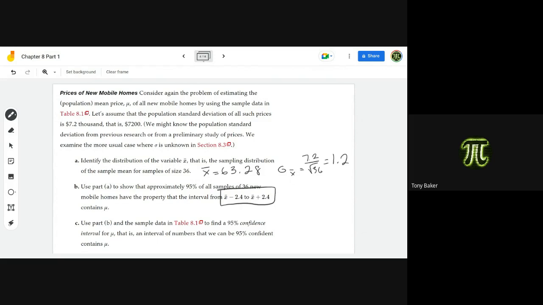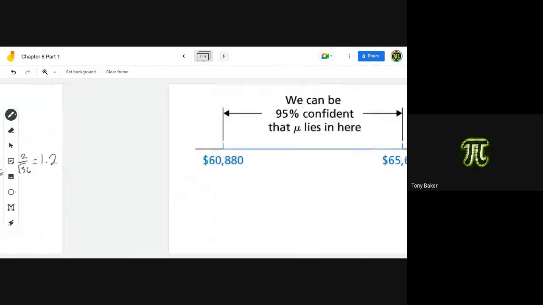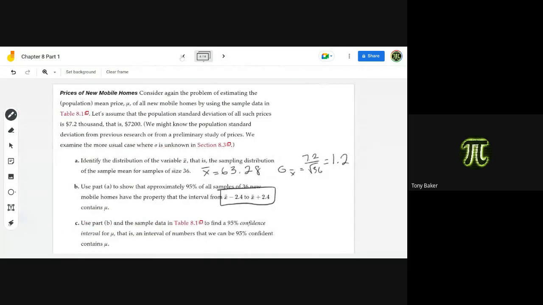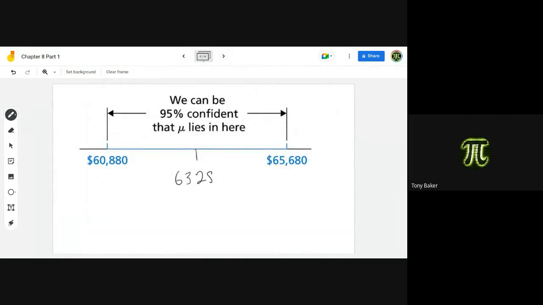So if I'm going to add and subtract that, we had 95% confident. I think I actually put that there. Yes, I did. So our mean was 63,028 (63,280). They subtracted 2,400 to get that one, and they added 2,400 to get that one.